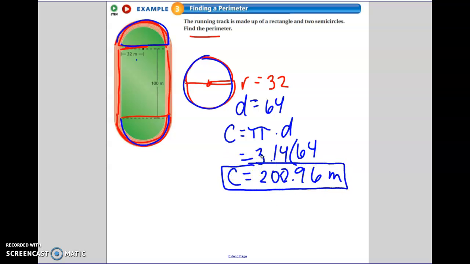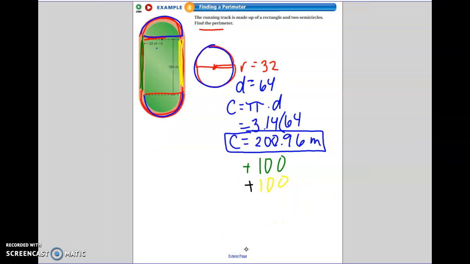It's not our final answer because I still have this, which is 100. So I'm going to add 100 plus this, which is also 100. So I have to take the circumference of that circle that I calculated in blue, and I need to add the length, the straightaways on that track. Dang, we're missing track season 2.